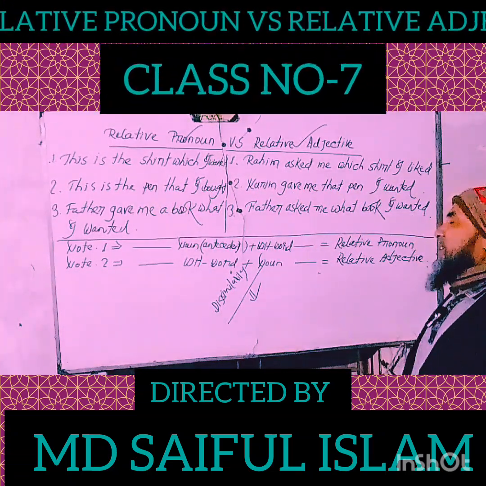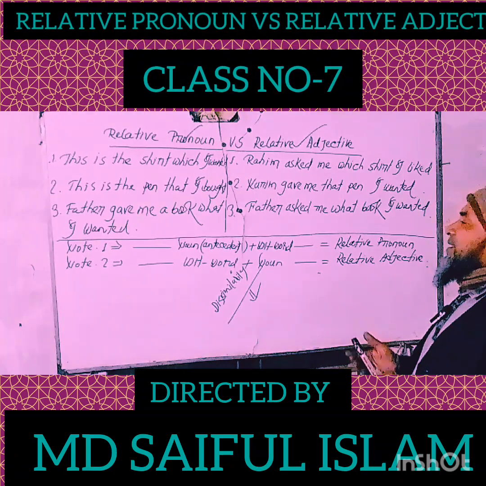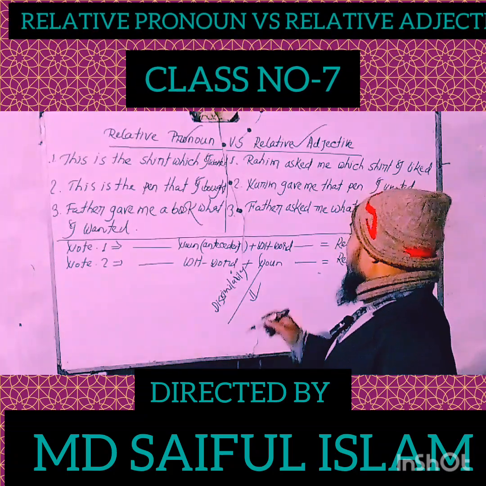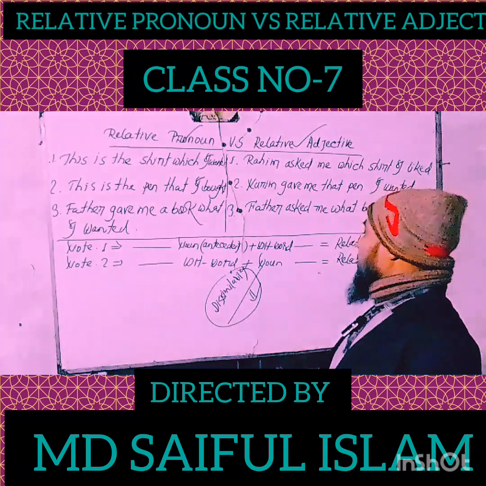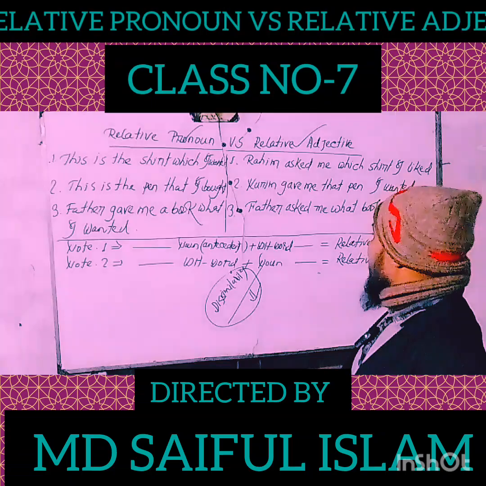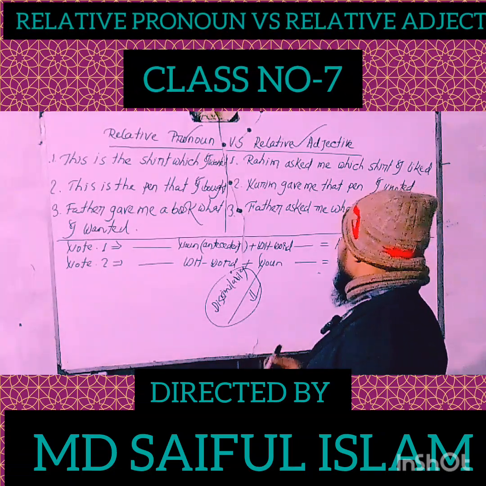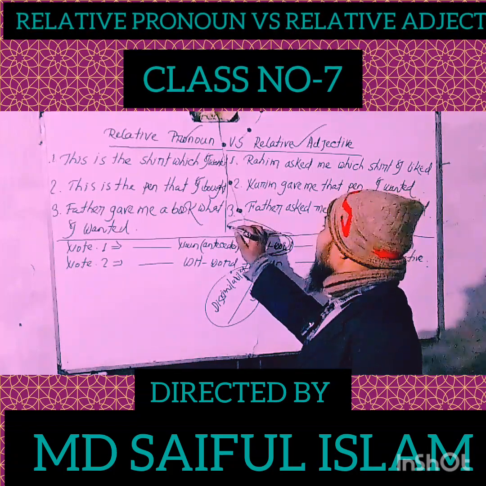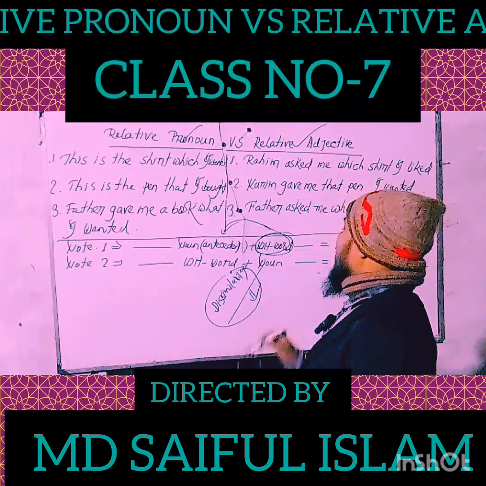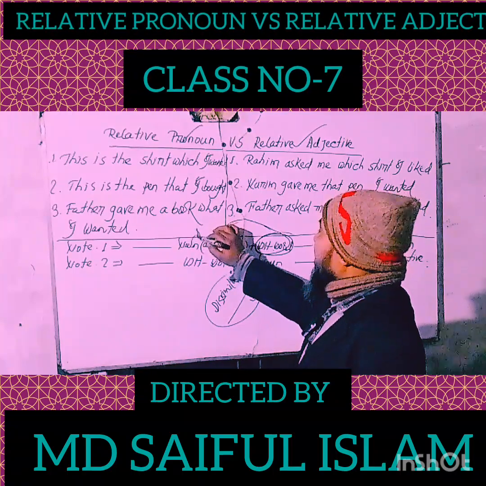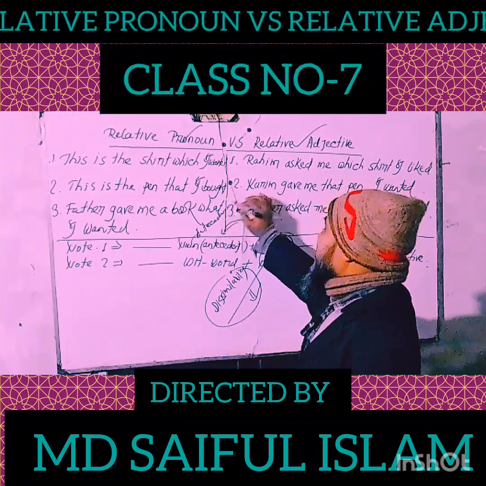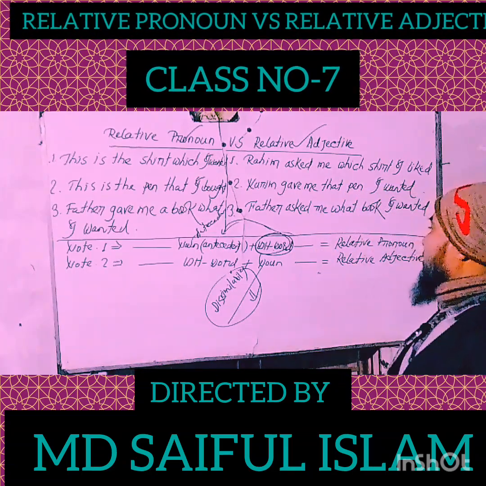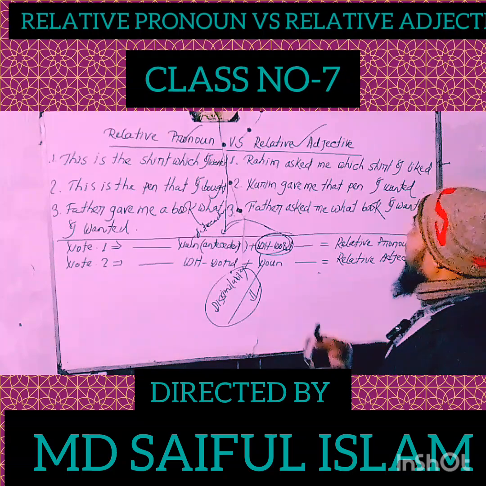For this, I have written three examples on the board. You may note in your exercise book: if a W word in the middle of a statement is placed after a previously mentioned noun, which is called the antecedent, you can call it a relative pronoun.